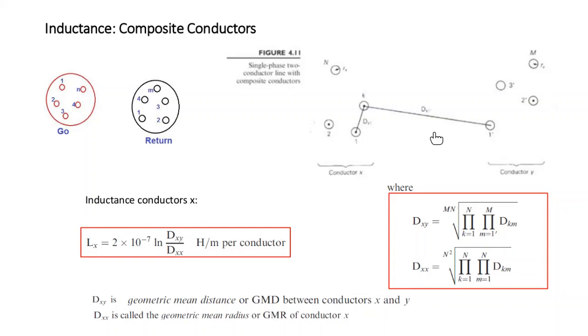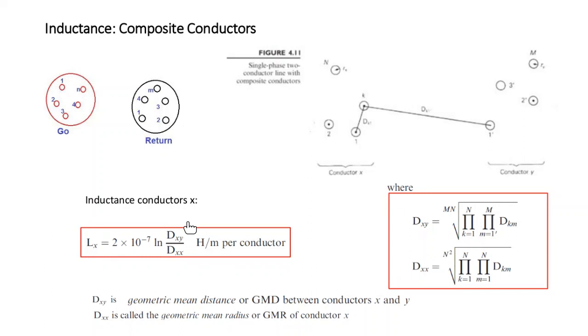So the formula to find the inductance is simply: the inductance of conductor X is L_X = 2 times 10 to the power of minus 7 natural log of D_xy over D_xx. We already had this before. That is the distance over the radius. We already discussed this in part 1.